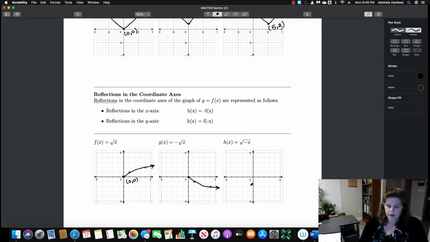That's what makes it go from the positive side to the negative side and reflect over the y-axis. So I'm still touching the point 0, 0. That's fine. I don't have any transformations there, but I'm opening in this direction. So this is a reflection over the y-axis where the negative is in with the grouping symbol.